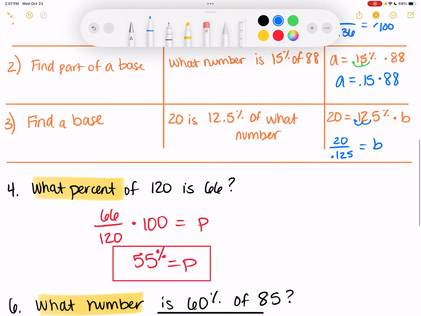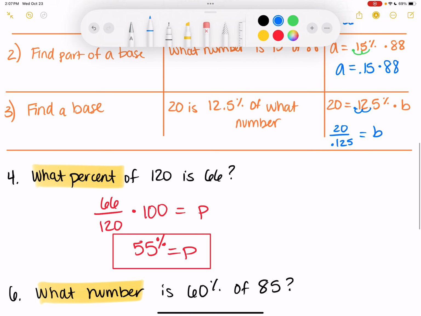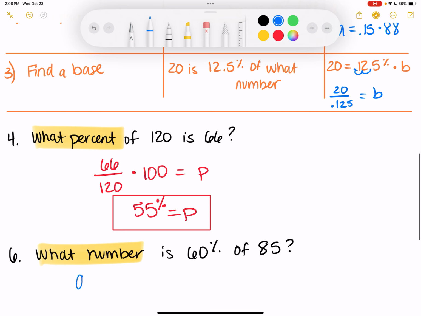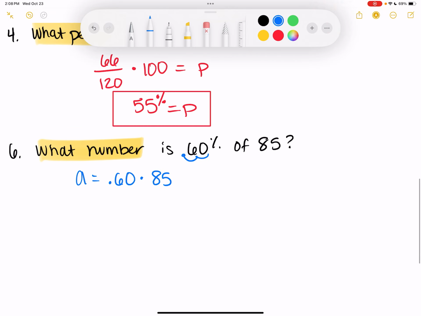In this case, I'm going to be multiplying the percent times the number to find A. So this is going to be 60%. I need to move the decimal place 2. So this is going to be 0.60 times 85. So 0.6 times 85 is going to be 51.